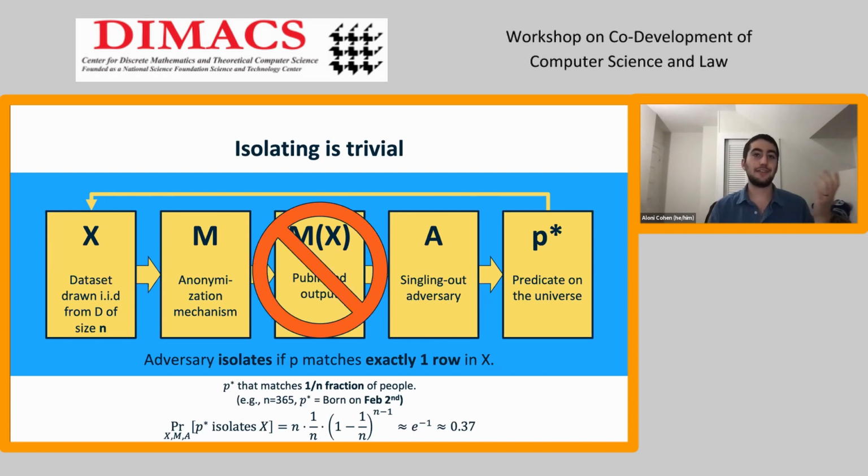You'd expect on average one person, and it's easy to calculate that the probability that there's exactly one person is about 37%, even without looking at the database or any computations done on the database. So isolating is trivial, at least up to 37%. You can't do better than 37% without looking at the data.